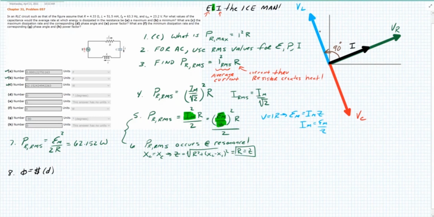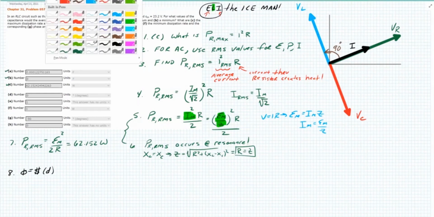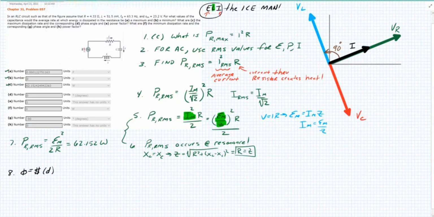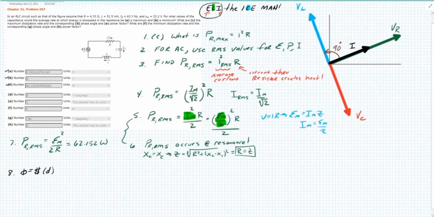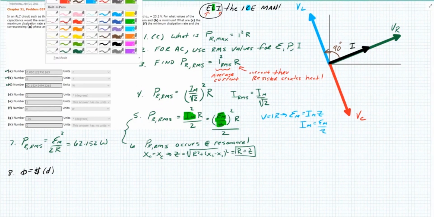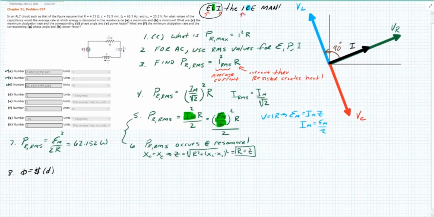So you're looking at Eli. This is Eli. And now you're going to look at Iceman. Iceman means the following. It means that when you look at a capacitor, this is the capacitor, C for capacitor, you know that current leads voltage. Here's current, I for current.